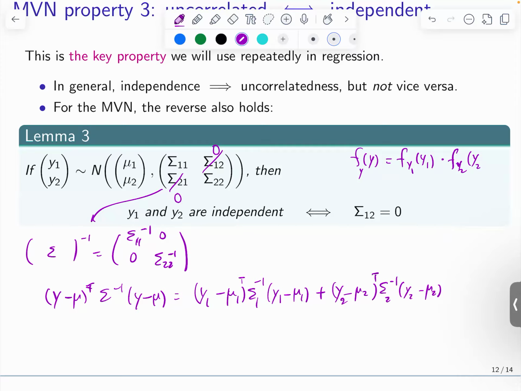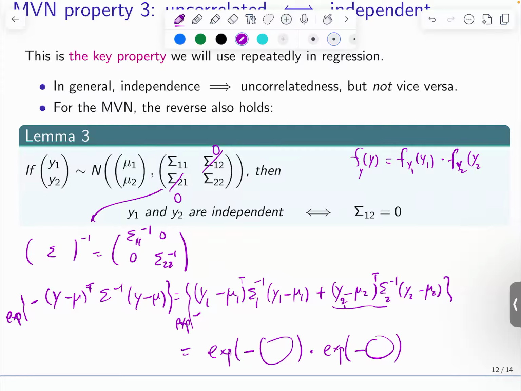So the quadratic form just turns into two separate pieces, and when you take the exponential of negative this, you get the exponential of negative the first term times the exponential of the second term. And so it factorizes into two pieces, one a function of y1, the other a function of y2.